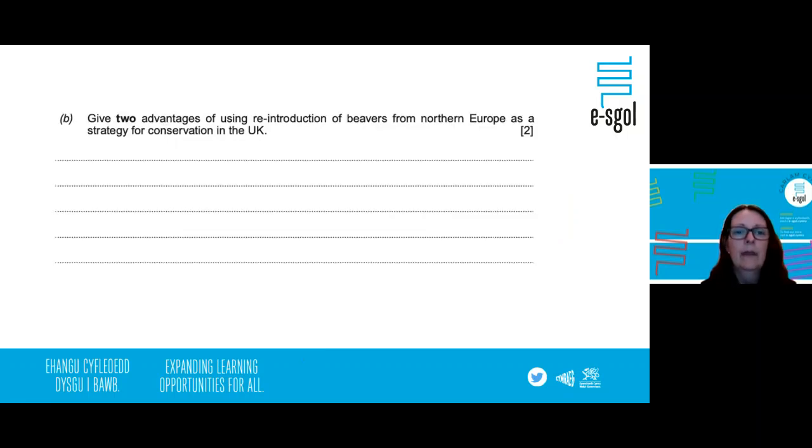Okay, our next question. Give 2 advantages of using reintroduction of beavers from Northern Europe as a strategy for conservation in the UK. So this question is testing, first of all, our advantages of reintroducing beavers. So thinking about that information that we talked about earlier about conservation.